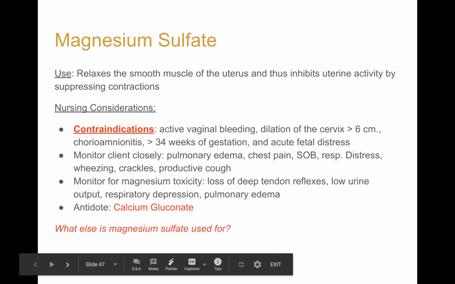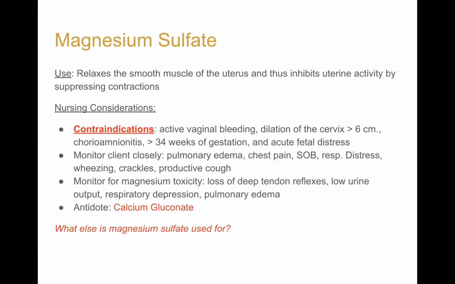The next one is magnesium sulfate. What this does is it's going to relax the muscles of the uterus, thereby inhibiting uterine contractions. So this is a really important med. You're going to hear about this med now, and you're going to hear about this med when the mom has preeclampsia.